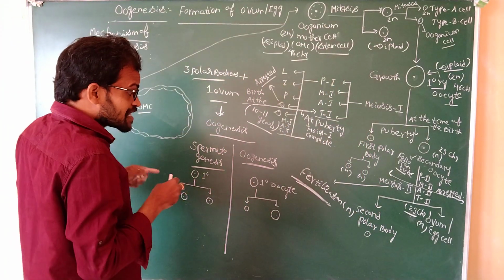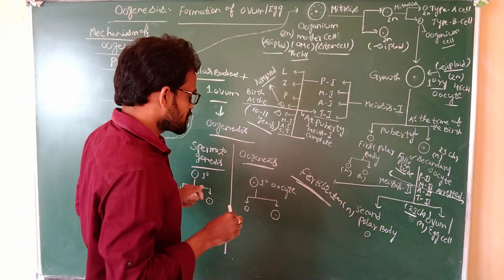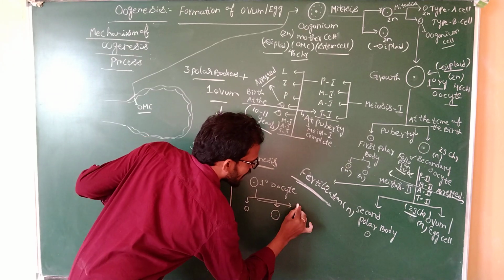Here the karyokinesis and the cytoplasmic division are unequal.